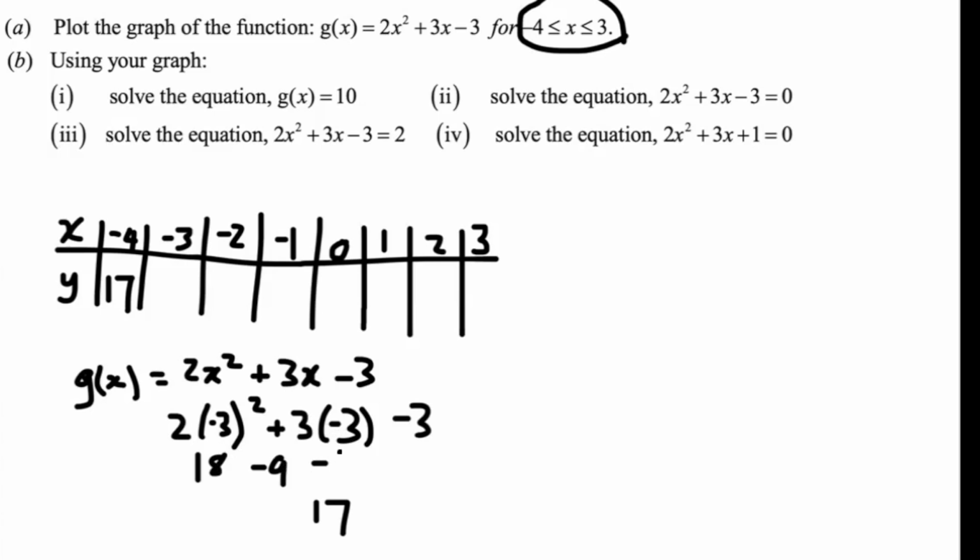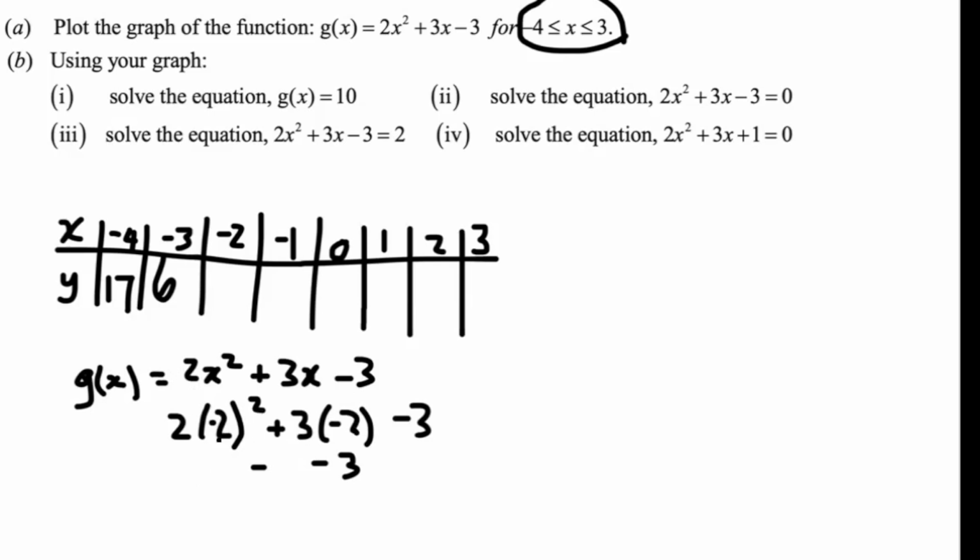And then we have minus 3. So we have 18 minus 9 minus 3, that's 6. So the answer in this case will be 6. So I have a 6 here. Now we're going to do the same thing when x is negative 2. So we replace here to be minus 2.